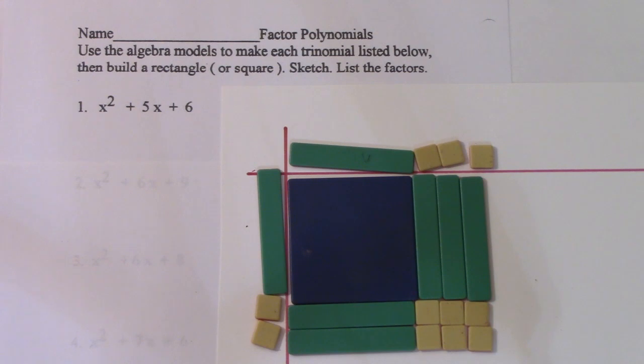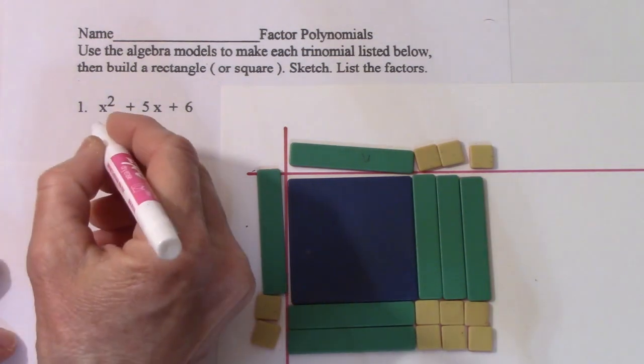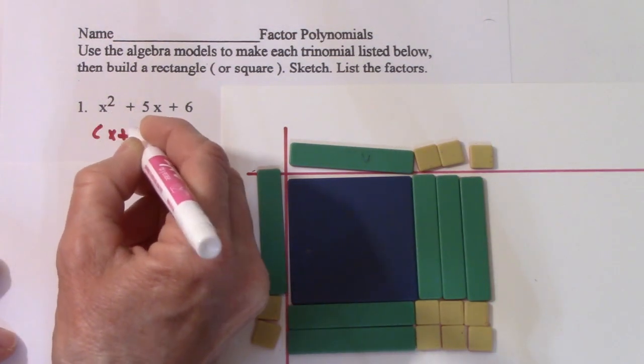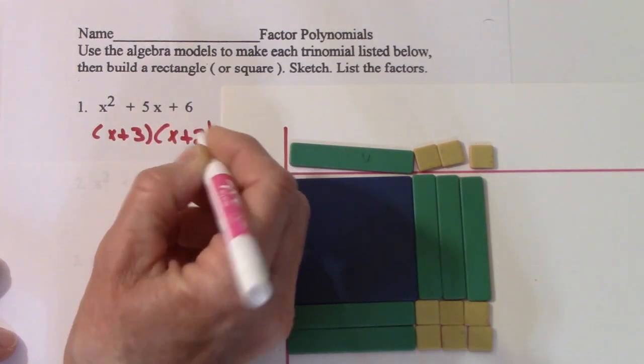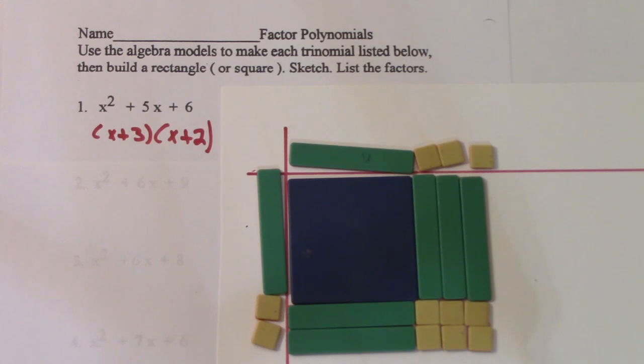So our factors, we would write it as x plus 3 times x plus 2. And it doesn't matter which one is first and which one is second. The x plus 2 could be first or it could be second. But what is important is for students to realize that we're going to make a rectangle.